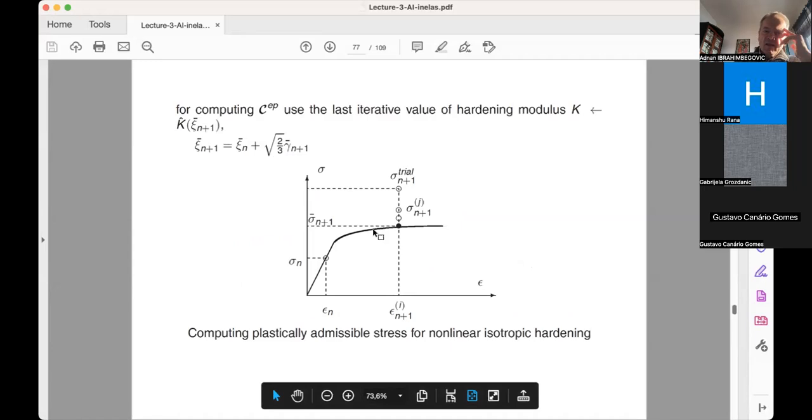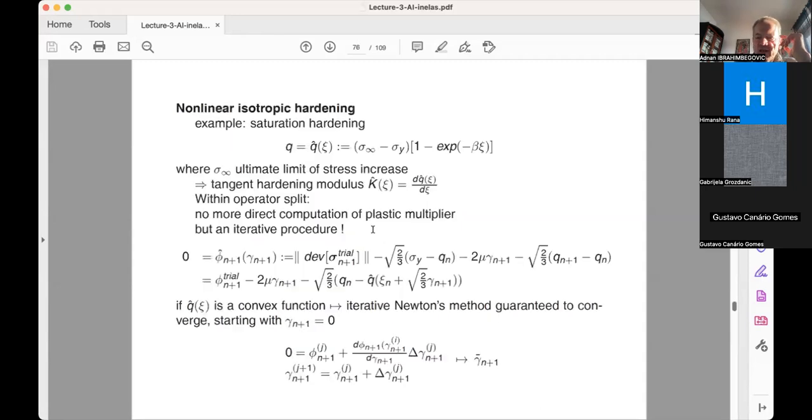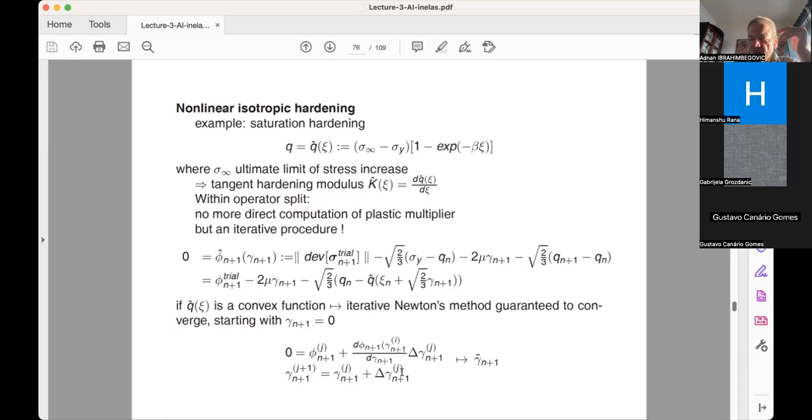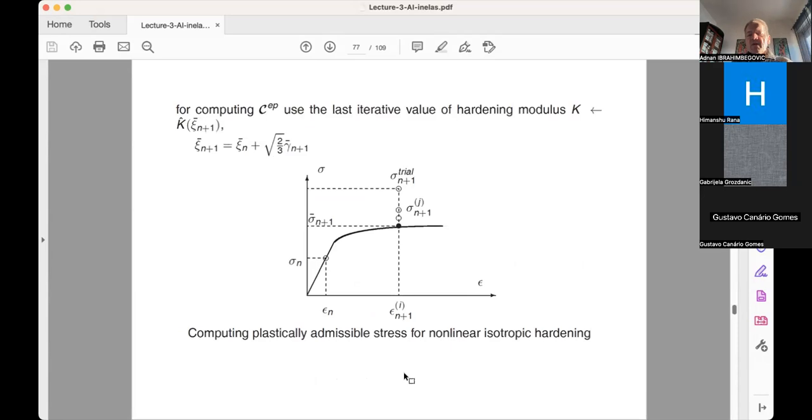So this doesn't increase computation too much, and what's also important to say, you want to make this local computation so robust, because this is the kind of computation the user should not be intervening in. So you want to make sure that every time you're computing your gamma, you converge to the finest precision that you want to use, because this would then condition the plastic admissibility of the stress and so forth. So basically, this gives you the possibility to include the isotropic hardening.